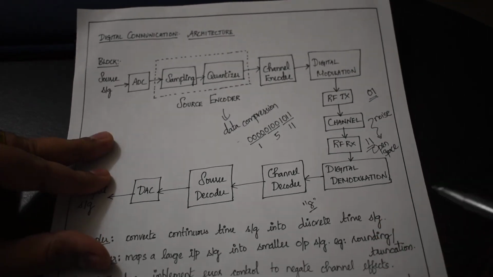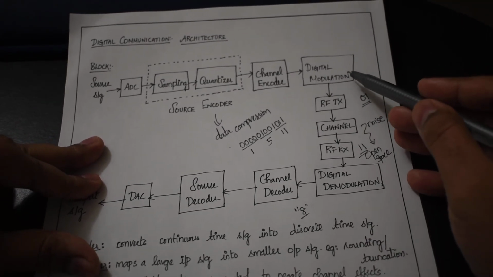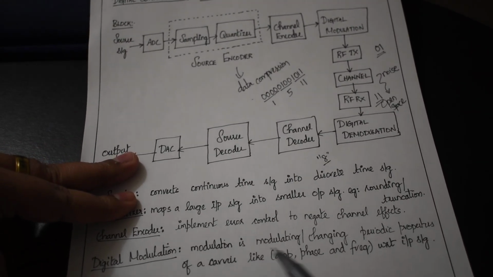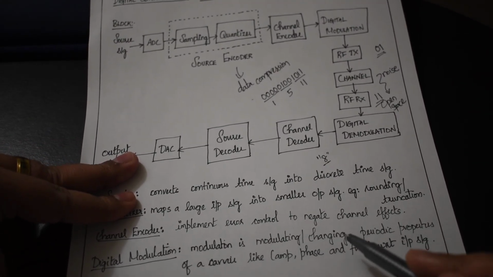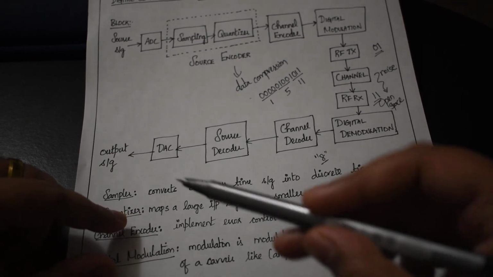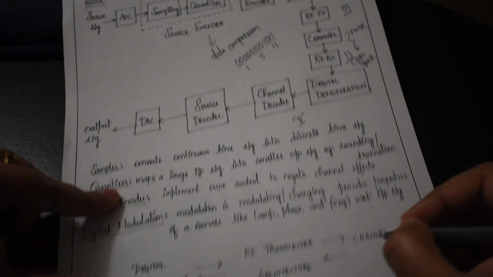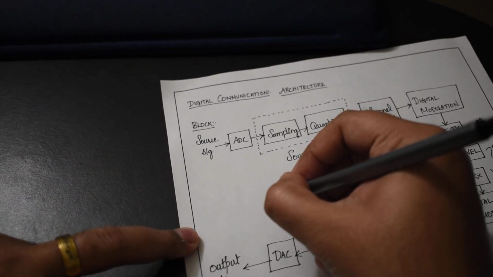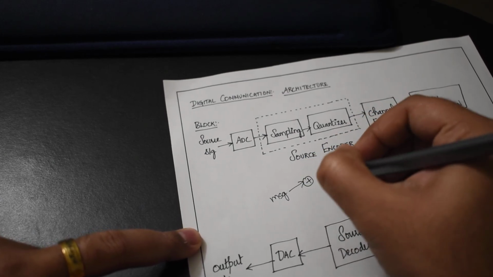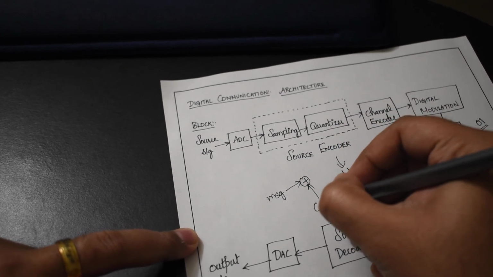And finally, modulation. Modulation, as we all know, is a technique where we modulate or change the periodic properties of the carrier wave. So we take the message signal and mix it to a carrier.